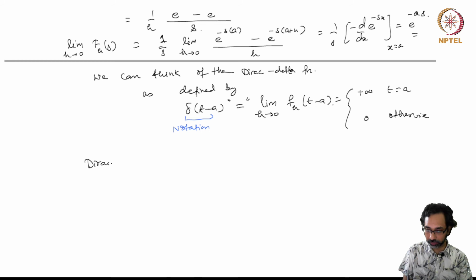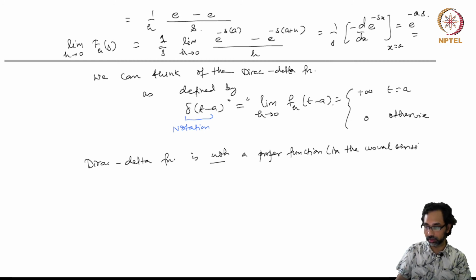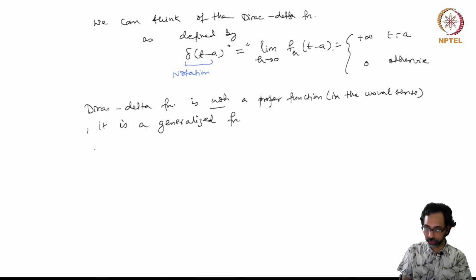So this Dirac delta function is not a proper function in the usual sense of the term, it is a generalized function. It has two important properties.